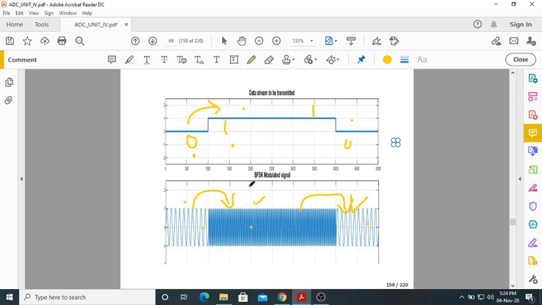You can use either one, but the only thing we should concentrate on is that whenever there is a change in the state of the data, there should be a shift in the frequency. The shift can be low frequency to high frequency or high to low, it doesn't matter. We should be able to provide a shift in the frequency whenever there is a change in the data of the given stream.